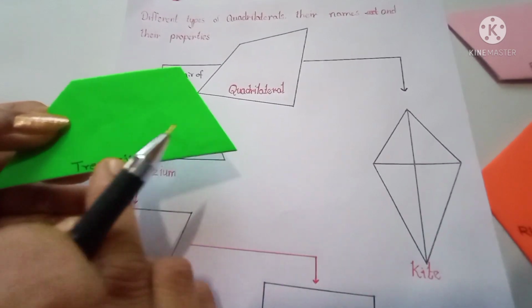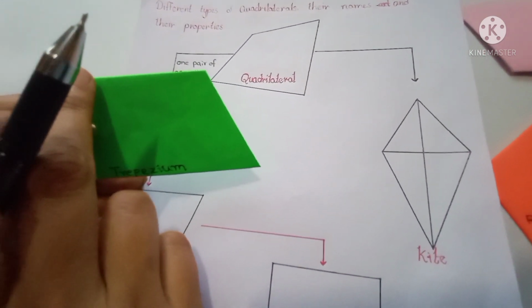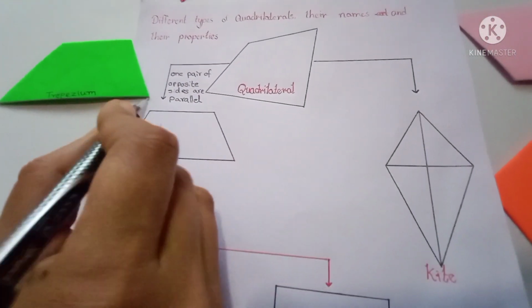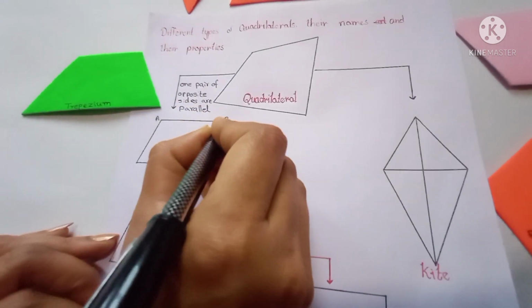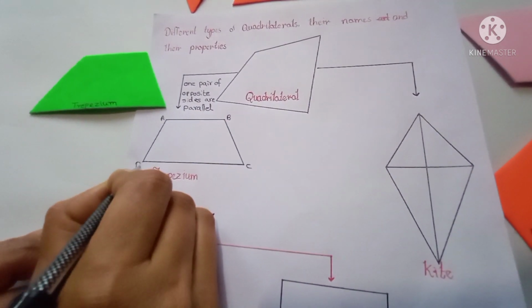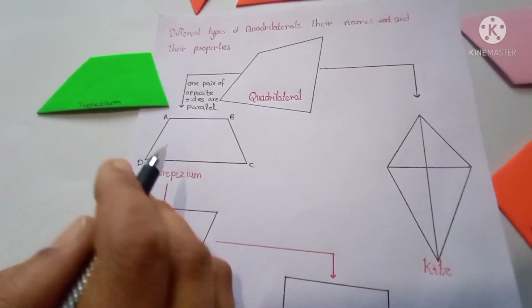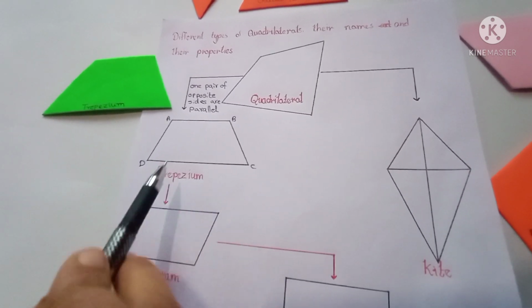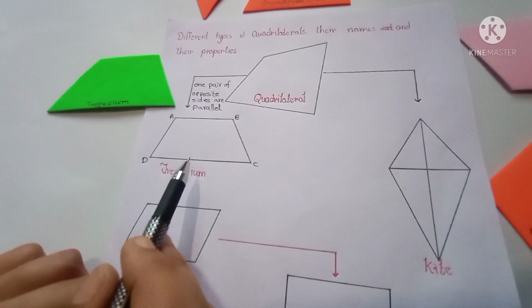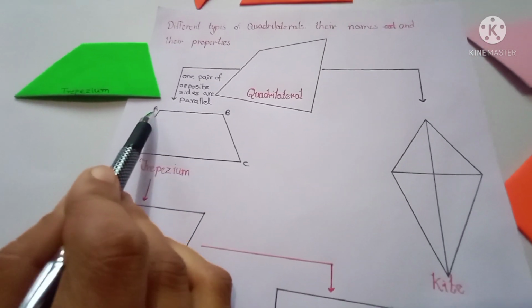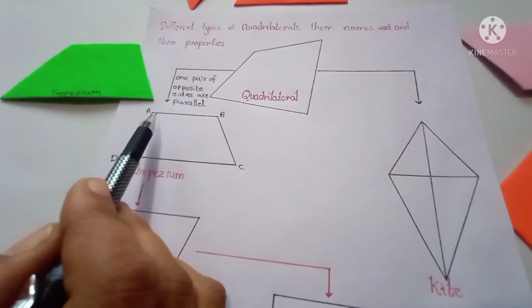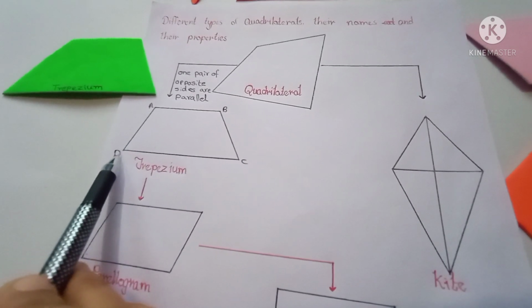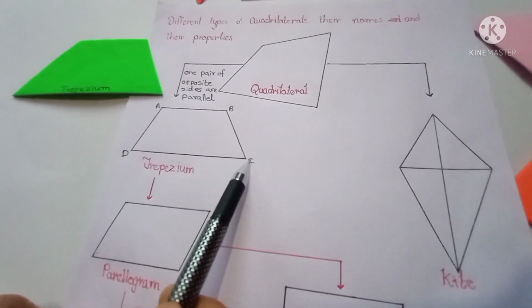In this trapezium, this side will be parallel to this side. Just name it A, B, C and D. In this trapezium, we can see that AB is parallel to DC.